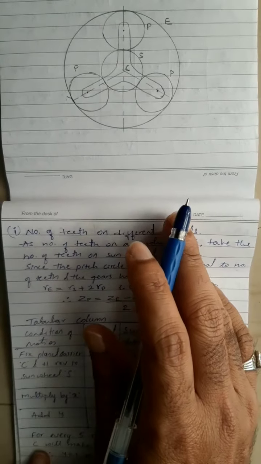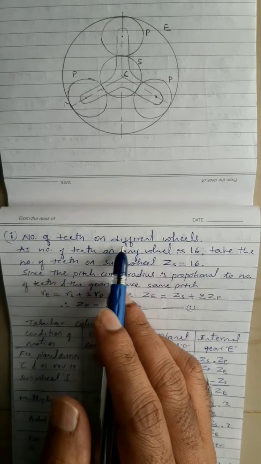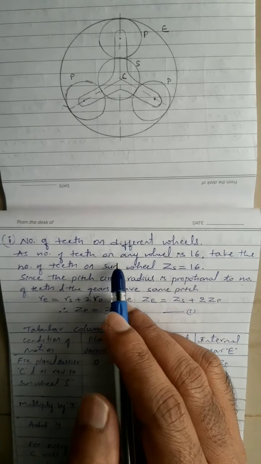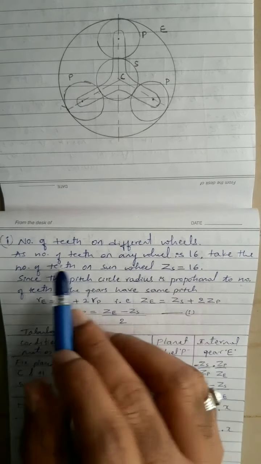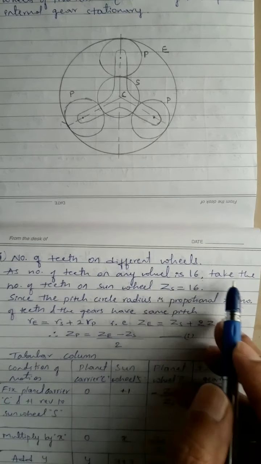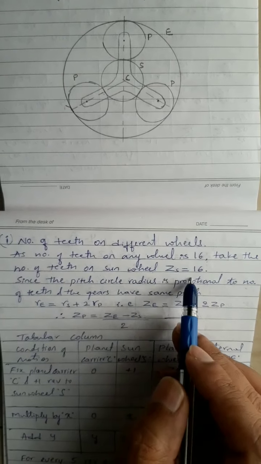According to the given question, the minimum number of teeth required on any wheel is 16. Let us take the number of teeth on the sun wheel as 16.